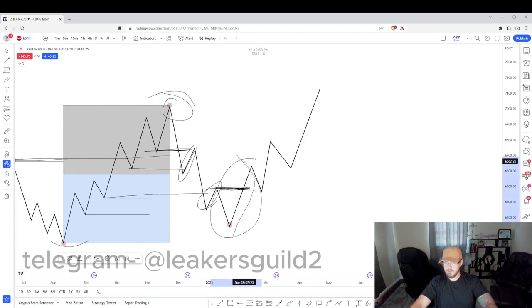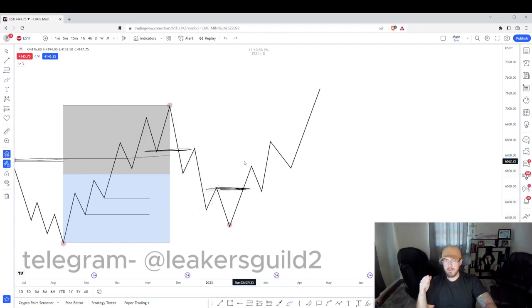That right there, that is the market showing its hand. That's why I want you to think of that, a market structure shift, change of character, whatever. But one thing that I have learned from trading this price action for quite a long time now, and just a lot of different pairs, displacement is everything. Without displacement, you don't have anything.